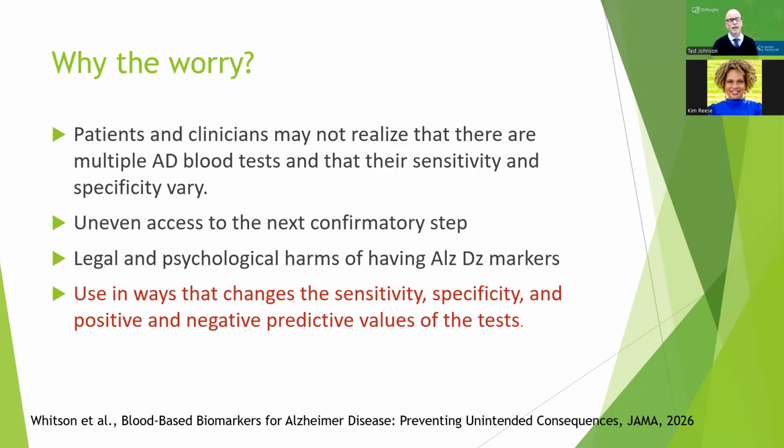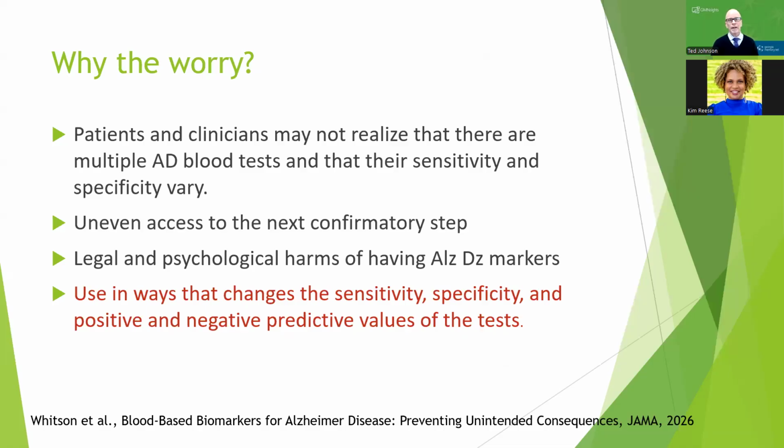So if you can't get a lumbar puncture, or if you can't get an amyloid PET scan, those are things that are often required to follow up on a positive test that you might get on a blood-based biomarker, depending on your use case. So you still need to get through that. There are some harms of having Alzheimer's disease biomarkers in terms of people's existential wondering about what that means, and their planning.